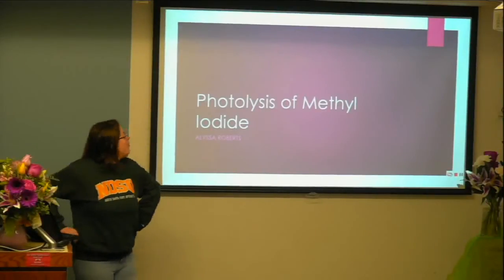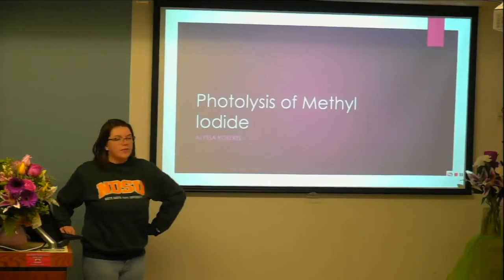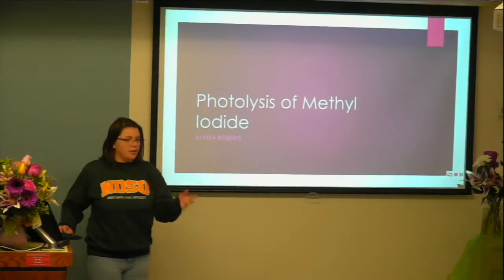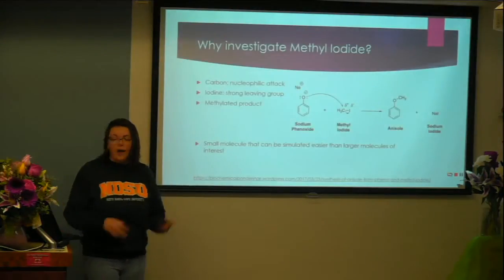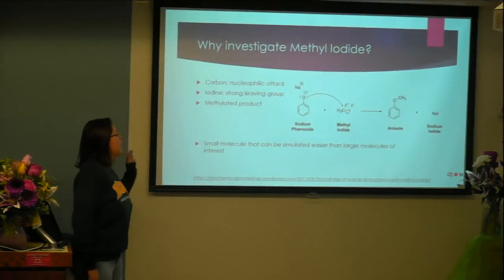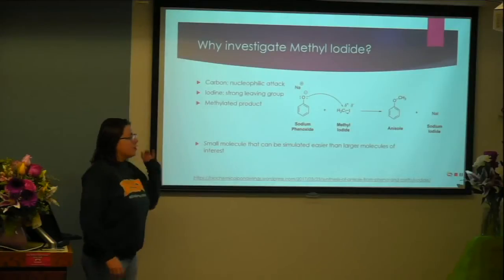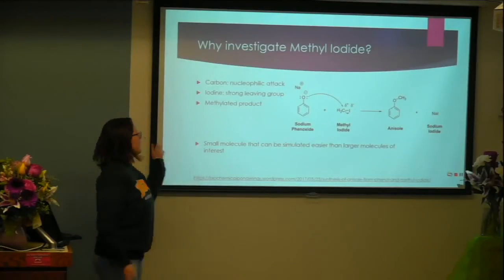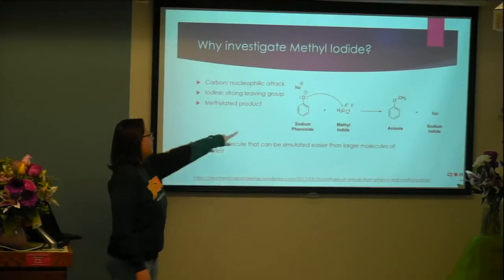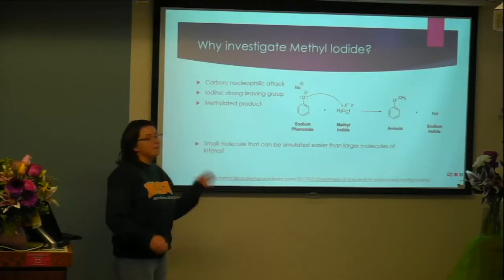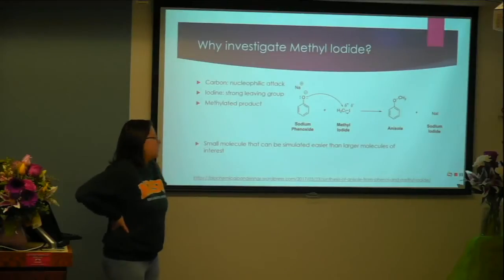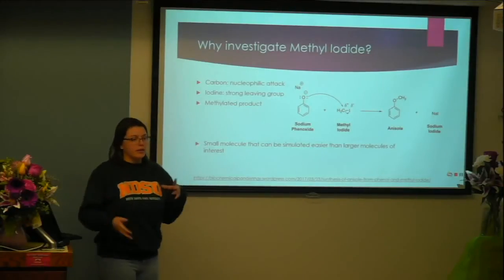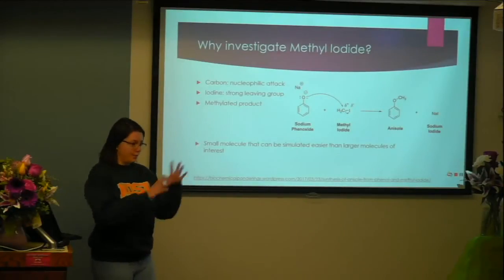Okay, so my project was the photolysis of methyl iodide, otherwise known as iodomethane. So why investigate methyl iodide in the first place? In organic chemistry, the carbon of methyl iodide is susceptible to a nucleophilic attack, and iodine is also a strong leaving group, so it's really easy to methylate products using this molecule.